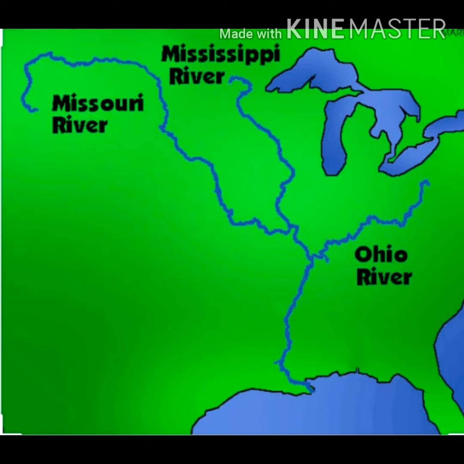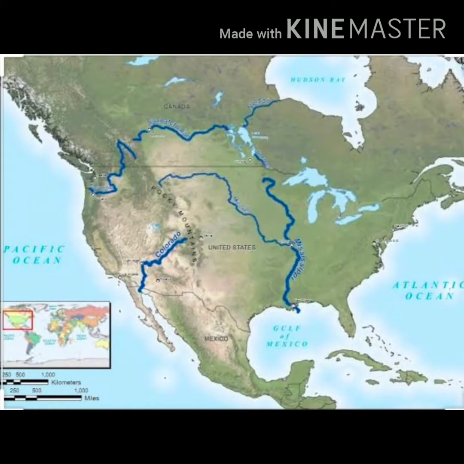Central lowlands we will discuss in detail in further videos. It drains into the Gulf of Mexico, or we can say ends in the Gulf of Mexico. It has many tributaries, but the main two are River Missouri and River Ohio. It mainly drains in the USA and only 1% in Canada.